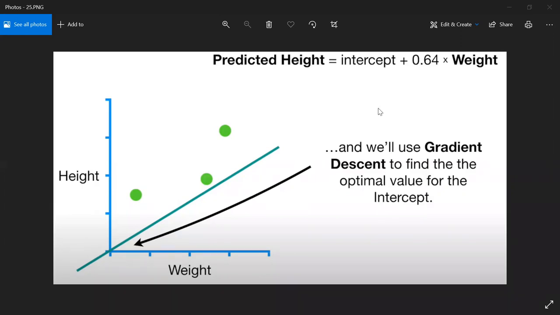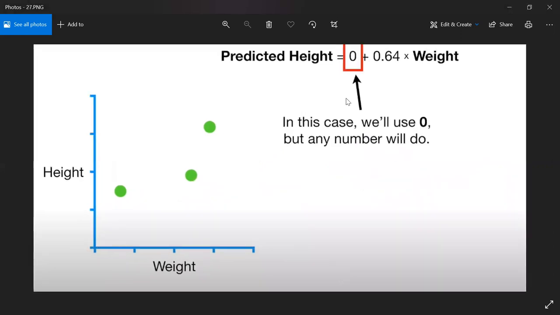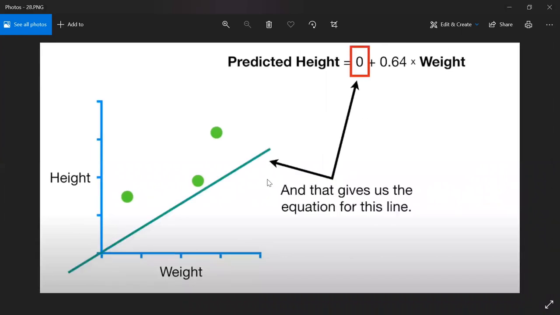In this demonstration, we take the slope as 0.64. Understand, Pratyush? Now let's calculate. Predicted height equals 0 intercept plus 0.64 times weight. Everybody clear up to this? Yes, guys. Now let's go to the next part.